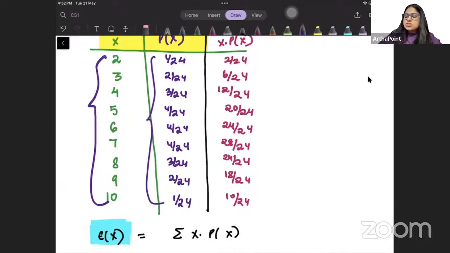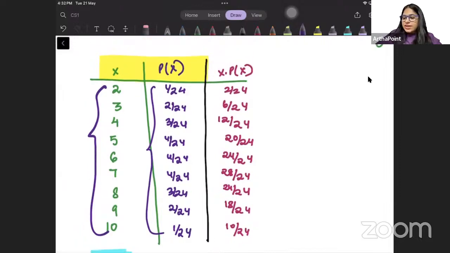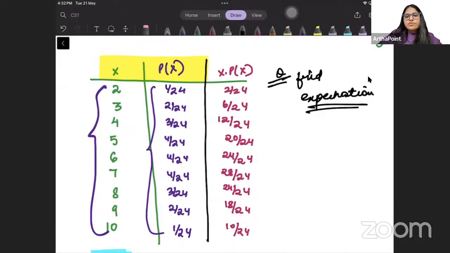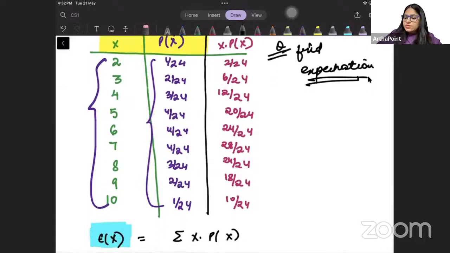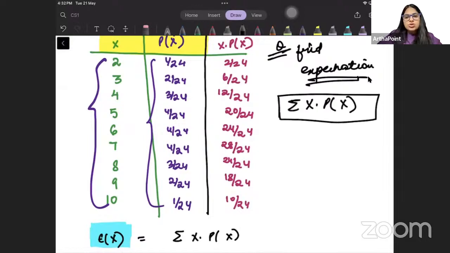Now, suppose someone asks you to find the expectation. So what will be the expectation? Since this is a discrete variable, the expectation will be the summation of x times p(x).